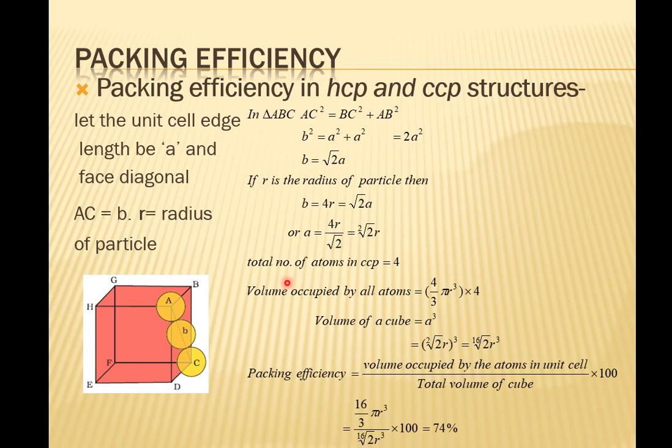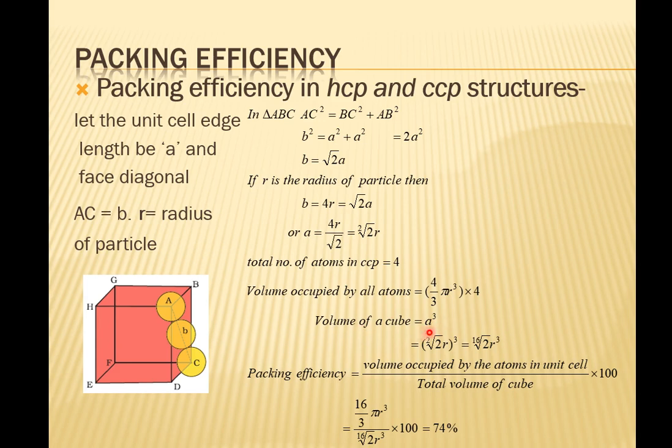Now, the total number of atoms in CCP is equal to 4. Volume of one atom is given to be 4 by 3 pi r cube. So, volume occupied by all the atoms will be 4 by 3 pi r cube into 4. Volume of cube is given by a cube.